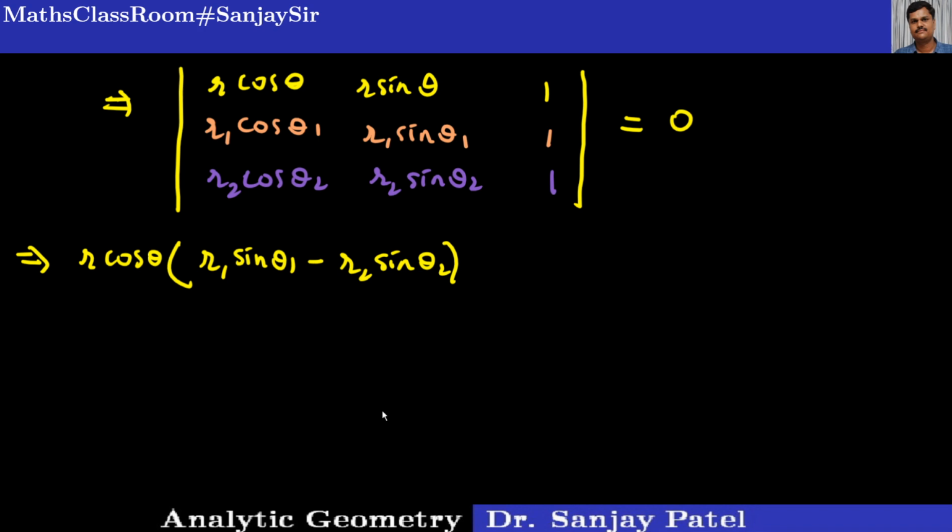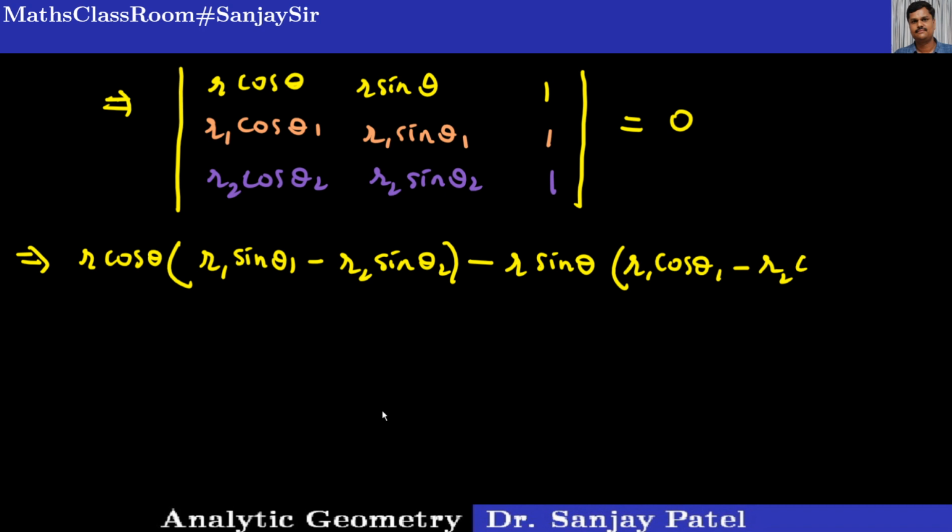The second term is minus r sin theta into, hiding this column and the first row, we get r1 cos theta 1 into 1, that is simply r1 cos theta 1, minus this into this, so r2 cos theta 2.